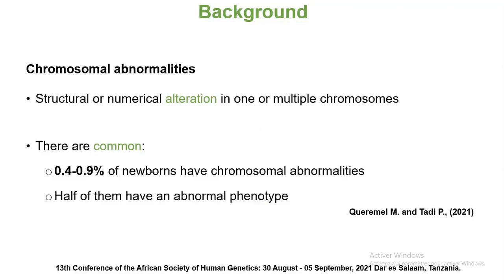In effect, 0.4 to 0.9% of newborns have chromosomal abnormalities, and half of them have an abnormal phenotype. The chromosomal abnormalities generally fall into two main categories: the structural abnormalities and the numerical abnormalities.